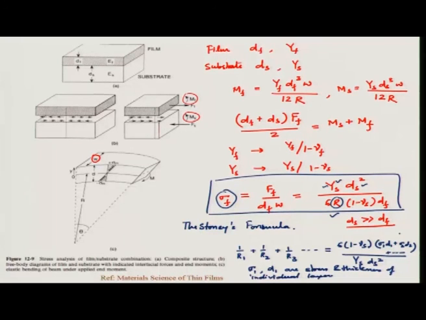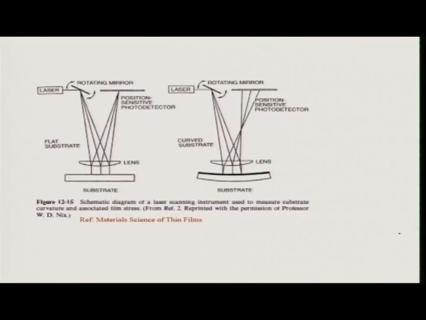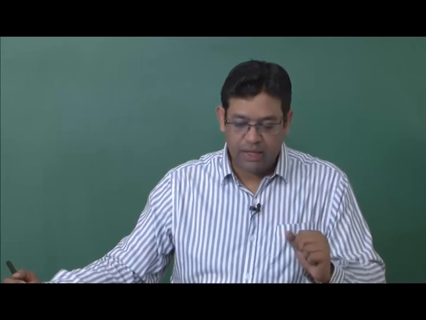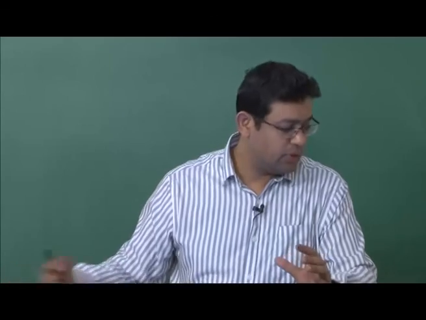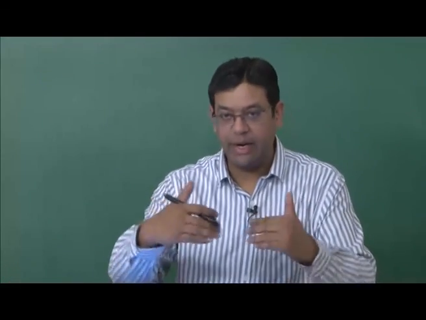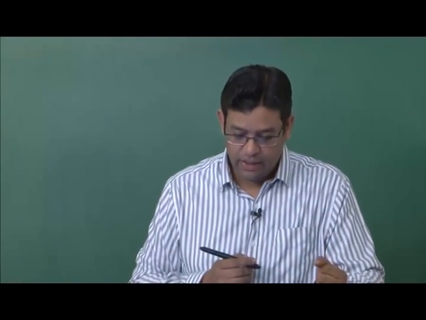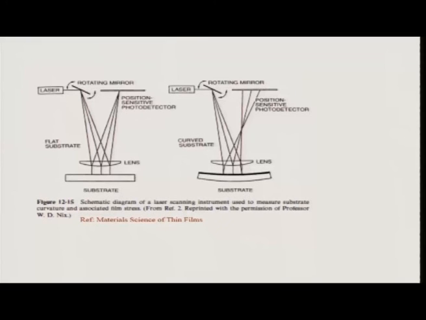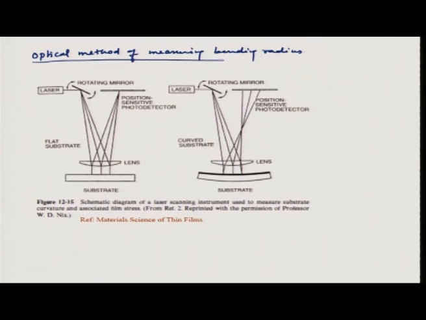So this is about the science behind the technology, but in practice you would use an optical method to measure the bending radius. It is very difficult otherwise, because you will not be able to see this bending by naked eye.